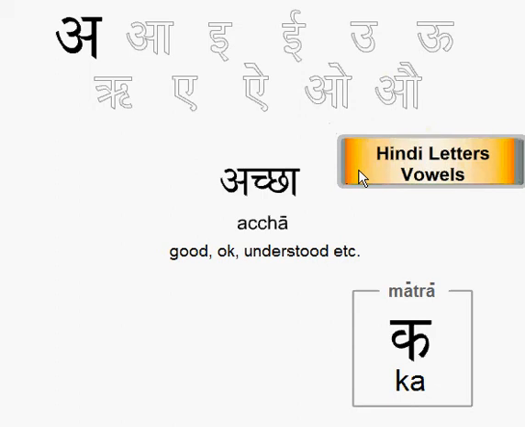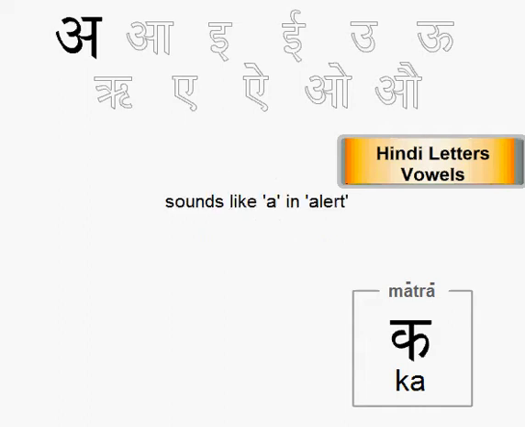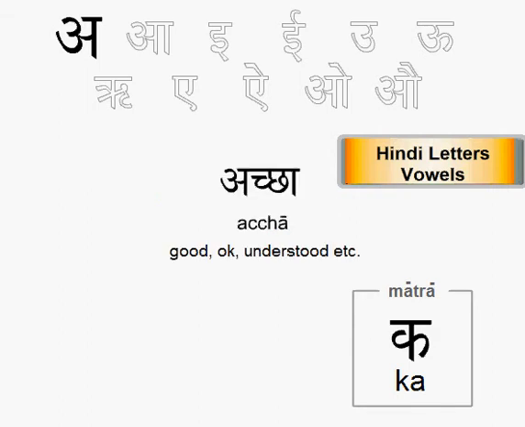Let's first learn the first vowel, a, as in the word alert. A. And it's important that you know this because this is the default sound of all the consonants, and we'll get into that more. But this is found as in the word acha, as you see here.